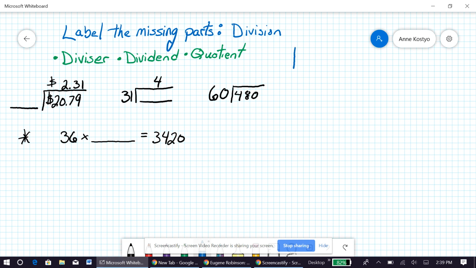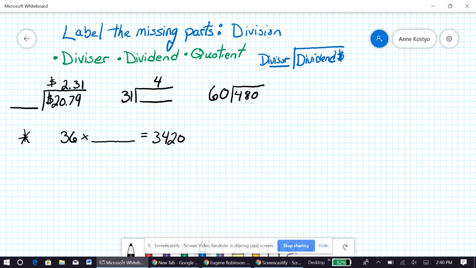Now, if you can remember from other videos, we use the division sign as a bank. And inside that bank was the dividend. And outside the bank was the divisor.